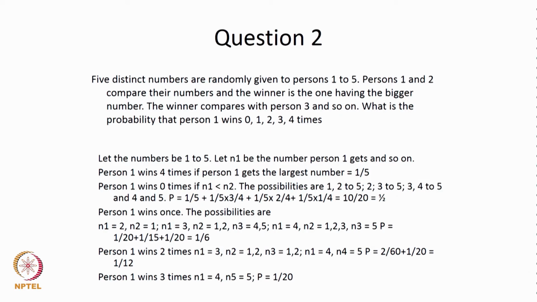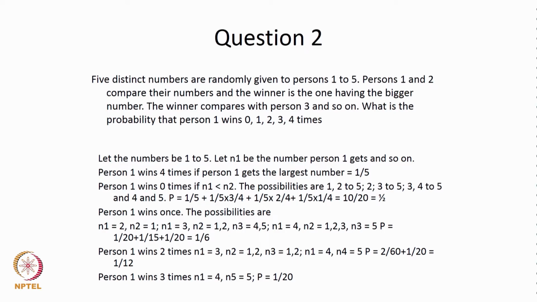The case where person number 1 wins 2 times can happen when person 1 gets number 3, person 2 gets numbers 1 or 2, person 3 also gets numbers 1 or 2, so that when person 1 meets person 4, that would have had a higher number, and therefore person number 1 will win only 2 times.